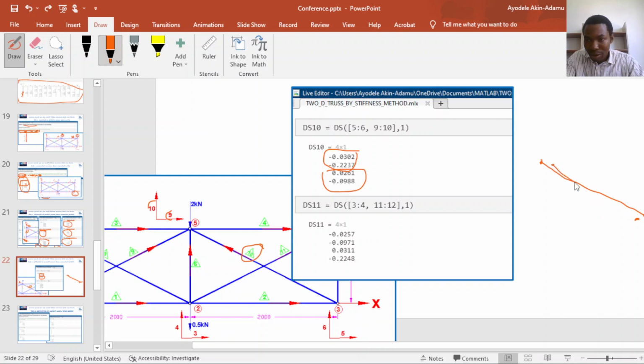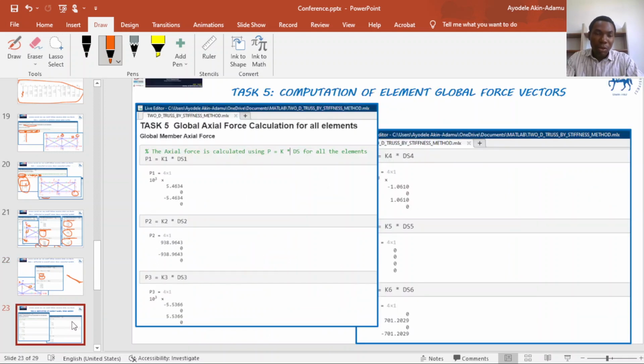My sketch is so bad. It's now in this position. So this is how the displacement quantity is interpreted from the Matlab solution.